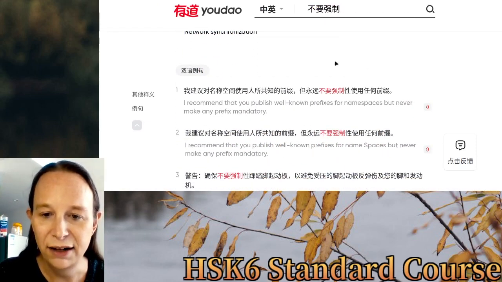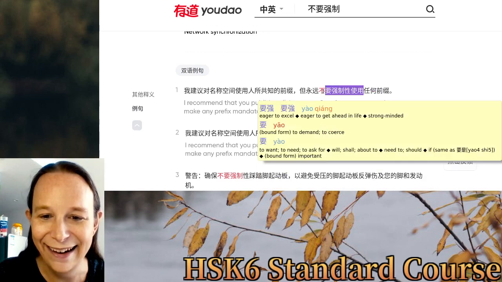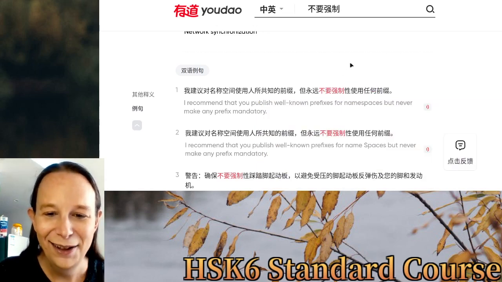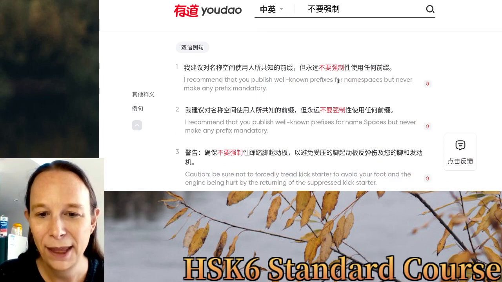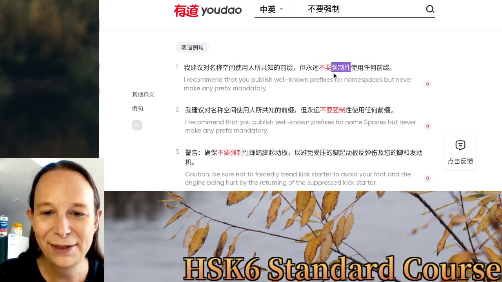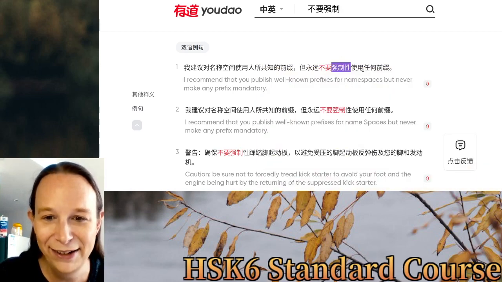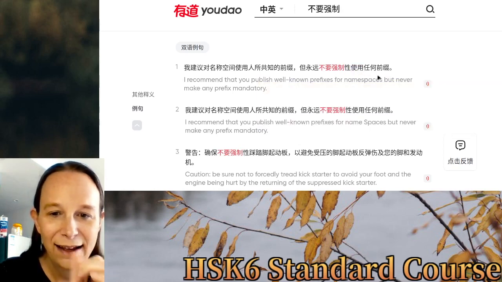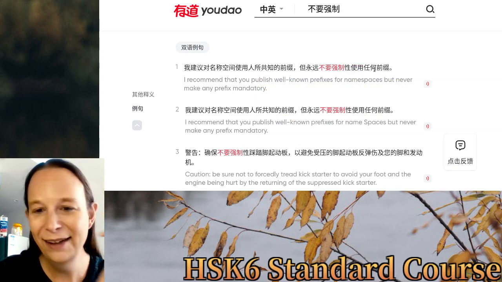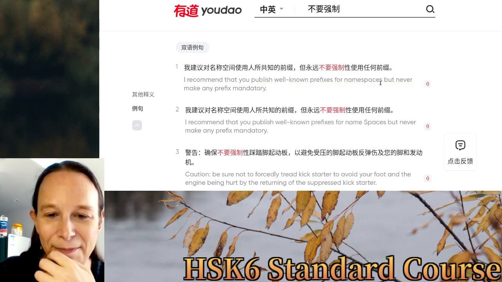永远不要强制性使用. Yeah, there you go. It's like it's trying to avoid using this word as a verb. Here, it's like, I don't want to use this word, I'm going to use 强制性 and use it as a noun. Or 强制性 is a noun, but the noun's being used to describe 使用. So compulsory use 任何前缀. So prefixes.